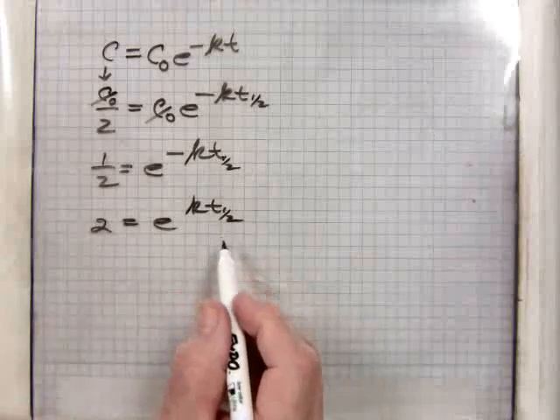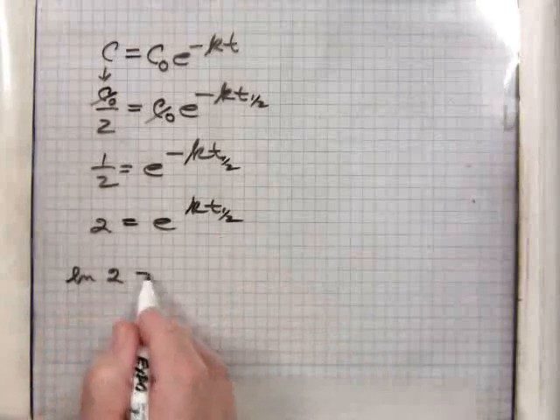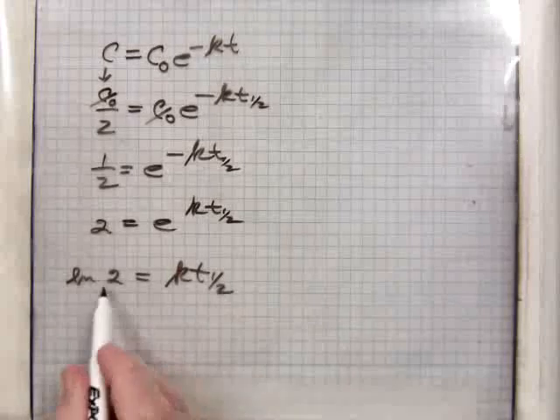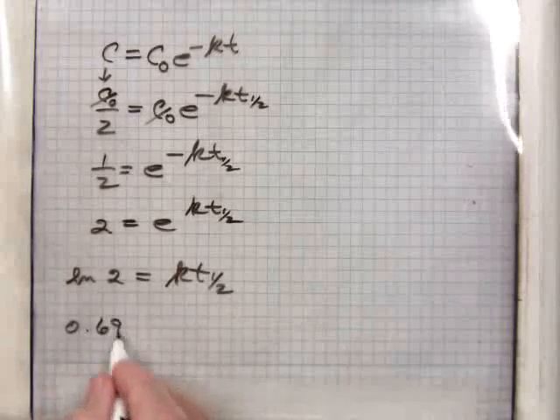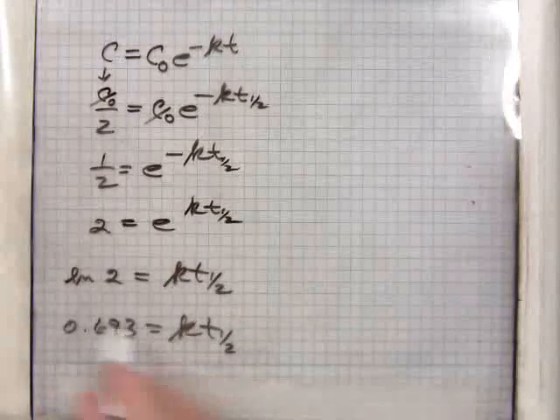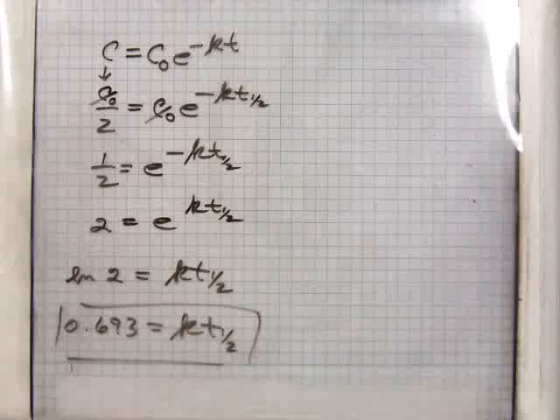If I take the logarithm of both sides of this, I'll take the ln of 2, and that's equal to kt to the 1/2. Well, the ln of 2 is 0.693, which is kt to the 1/2. This is a priority 1 equation that you'll use to do calculations on problems like the one we're working here.